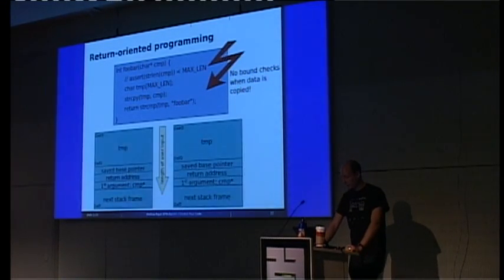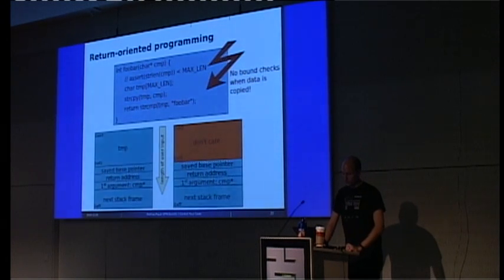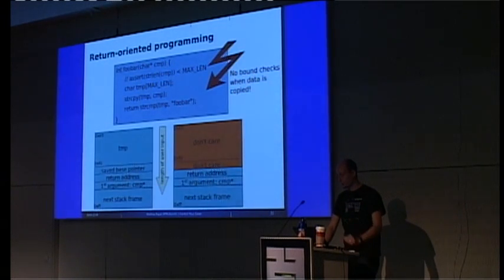So if we use return-oriented programming to exploit this bug, we don't care what we override the temporary variable with. But if we only use one stack frame, we also don't care what the saved base pointer is, because we only use one function call.